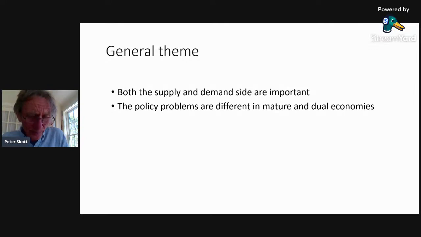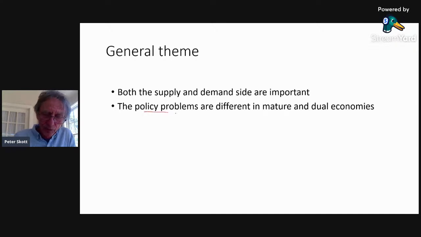The general theme of this talk has been that both the supply and demand sides are important. We should not ignore the demand side the way most mainstream theories do, but we should not ignore the supply side the way that some post-Keynesian theories seem to do either.